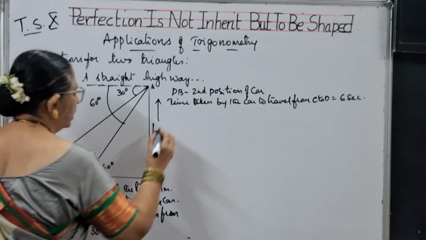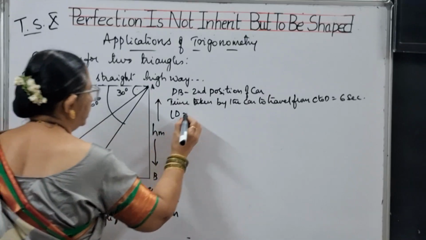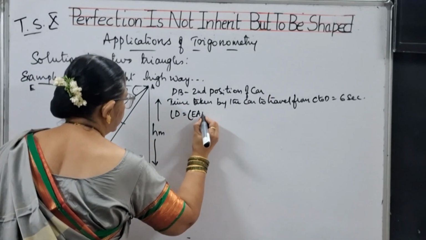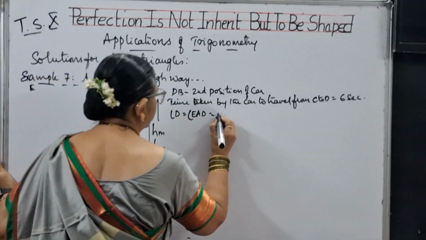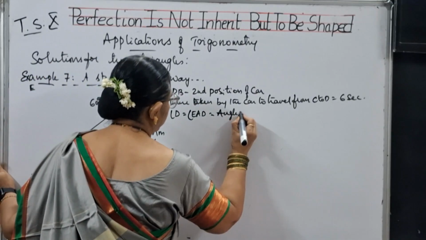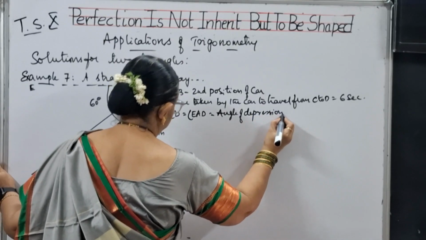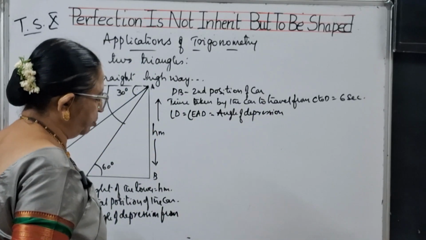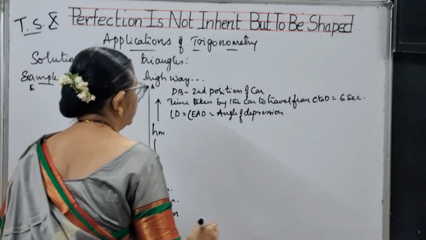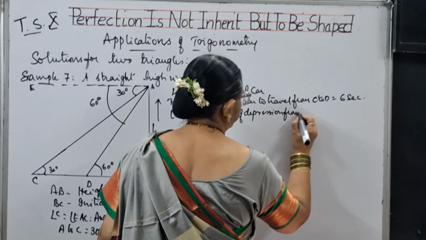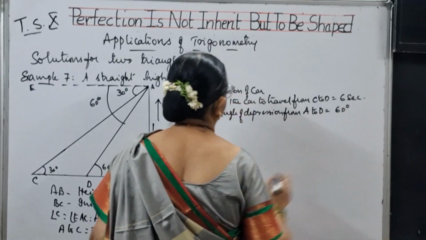Now I should write angle D is equal to angle EAD is equal to this one, the angle of depression I said. Here this is also the angle of depression from A to D is equal to 60 degrees.